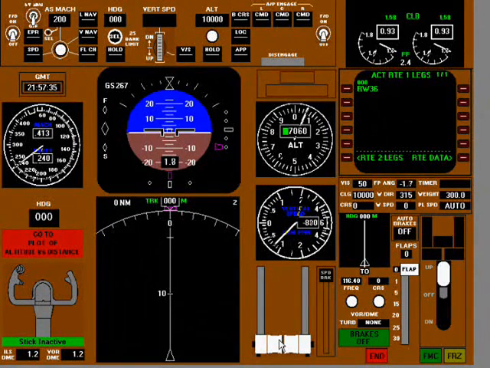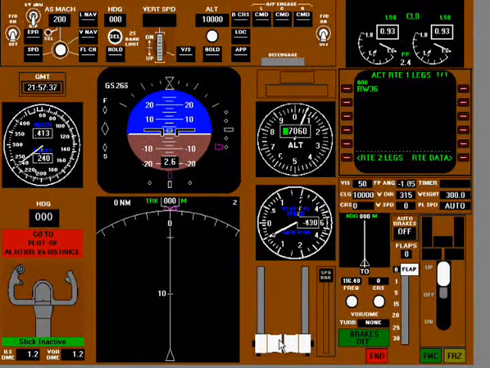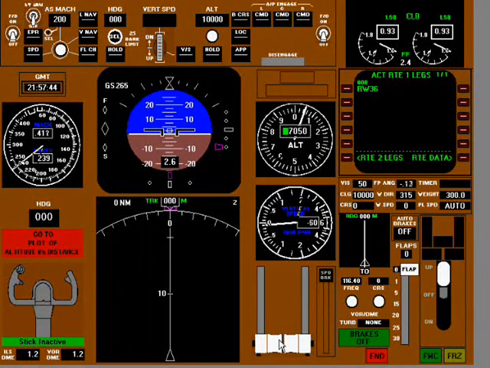We're now rotating to our zero rate pitch attitude, and notice the vertical speed goes to zero prior to reaching 7,000 feet.